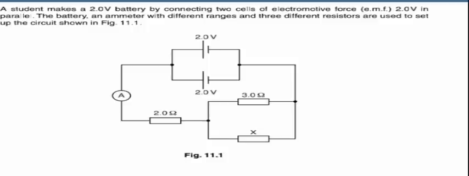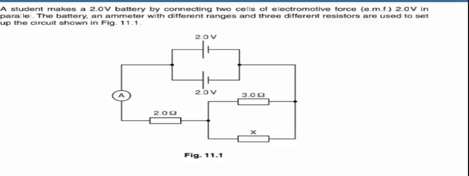So the next question is coming from electricity. And the question reads, a student makes a 2.0 volts battery by connecting 2 cells of electromotive force, EMF, 2.0 volts in parallel.